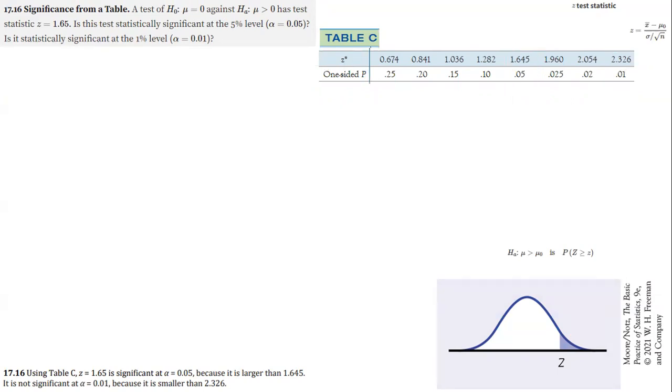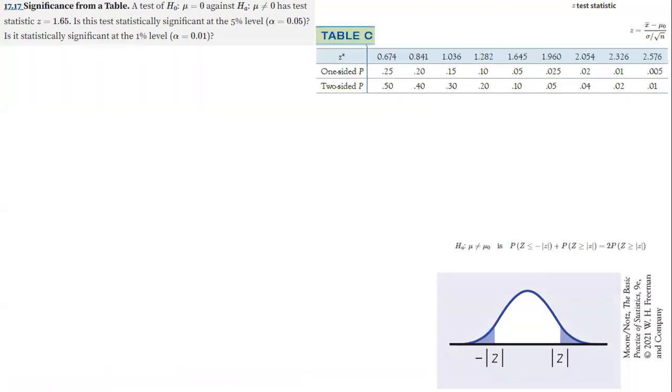So now on our new problem, we have two-sided and our alpha equals 5% and 1%. So this time we're finding a z-score of 1.96 when alpha equals 5.